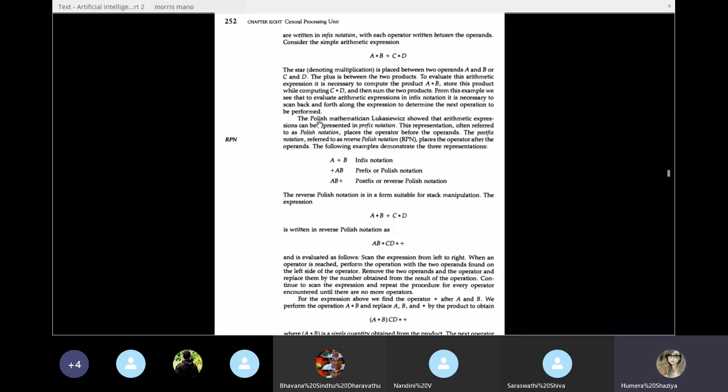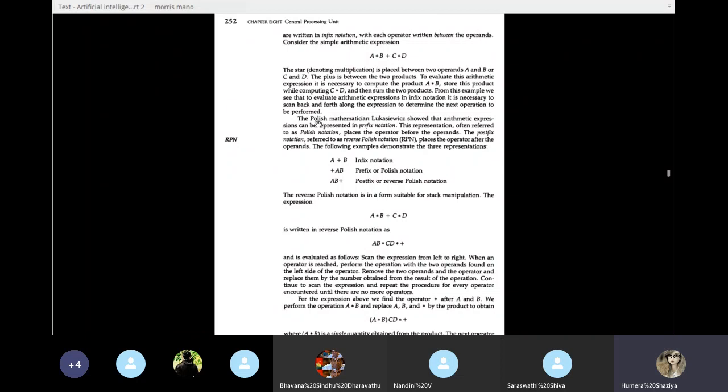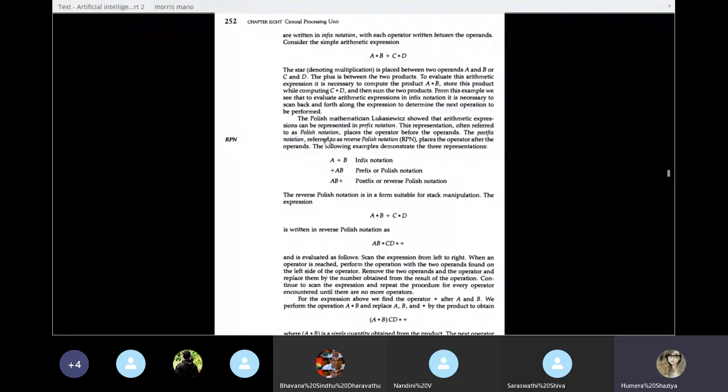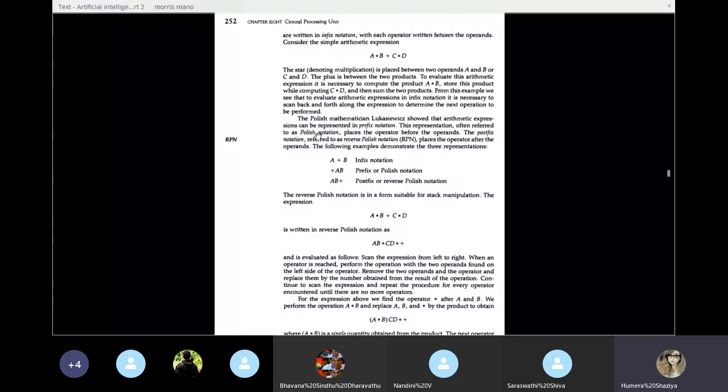People from Poland are called Polish, no? So that's why it is called Polish notation. Okay, so this Polish notation is like putting the operator before the operands.